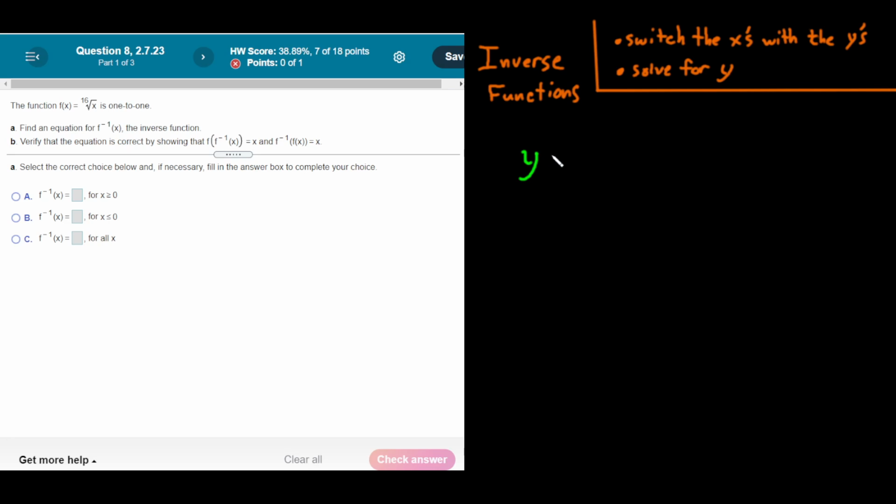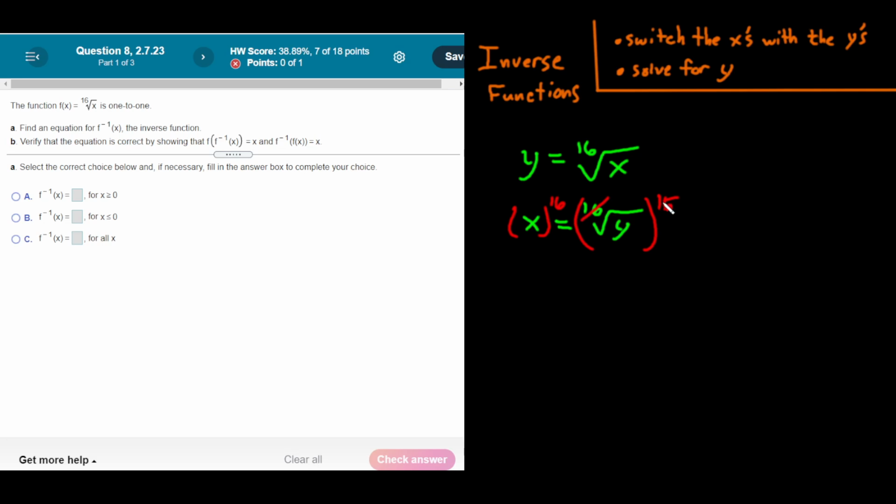So we have y is equal to the 16th root of x. Let's go ahead and switch the x's and the y's. x is equal to the 16th root of y. Let's go ahead and get that y by itself. All right, so to get rid of the 16th root, you raise it to the 16th power.